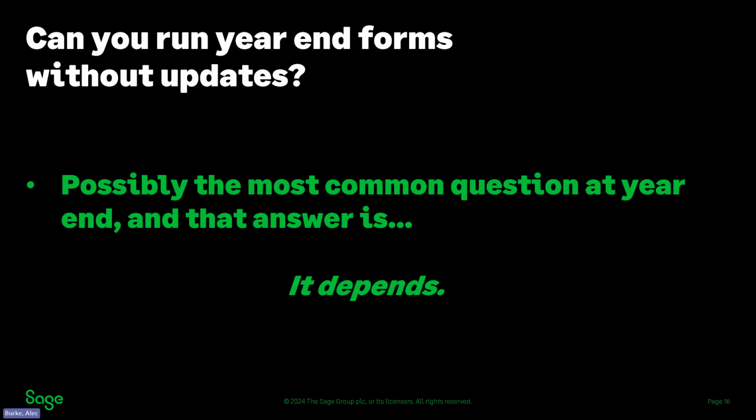Brings us around to possibly the most common year-end question. Can you run year-end forms without the updates? And the answer there is, well, it just depends. My favorite example, Pennsylvania, is coming back around. Pennsylvania, Ohio, Kentucky, states where you have a lot of local detail, you're going to have the appropriate data collating and tagging.